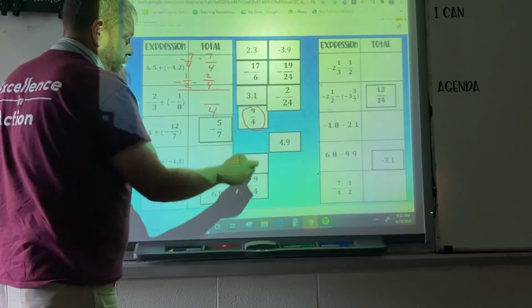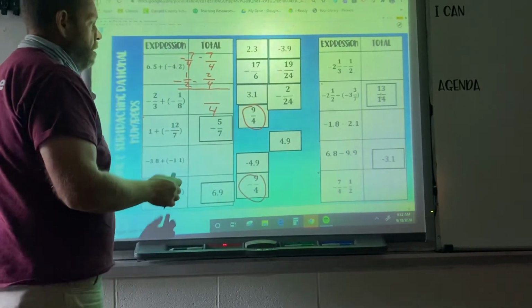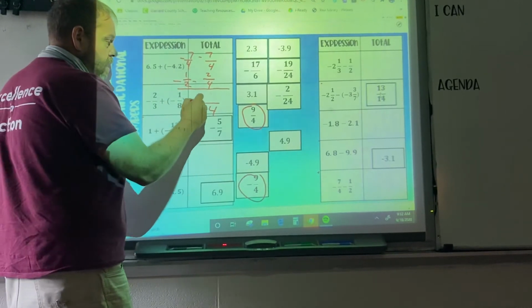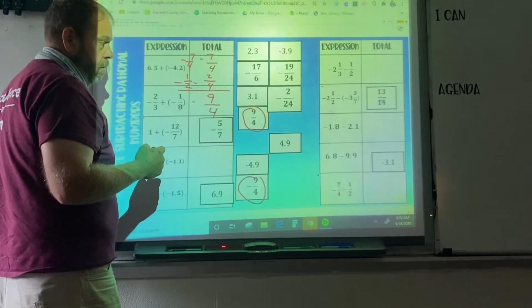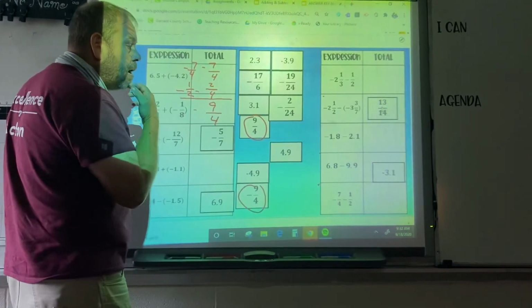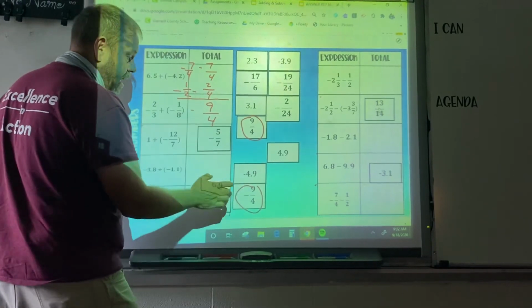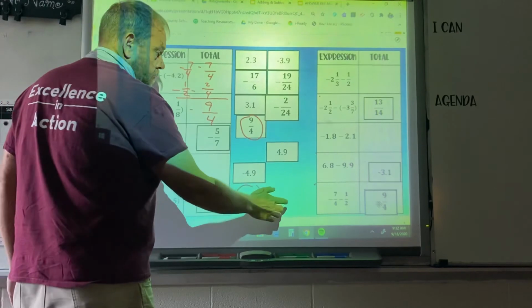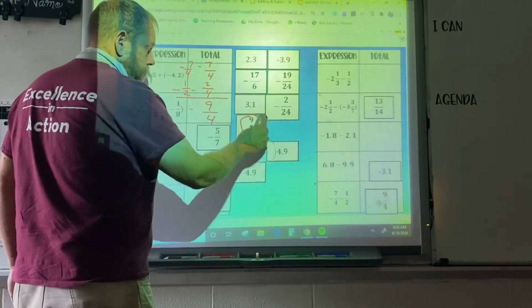If I owe you $7 and I owe somebody else $2, I'm going to owe them $9 altogether. Okay? So I'm going to take that and drag it over to my spot there, and I'm in good shape.